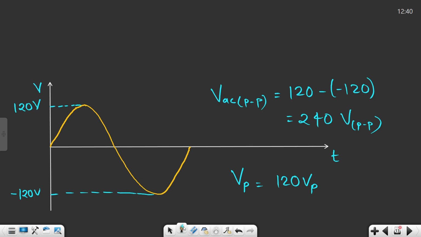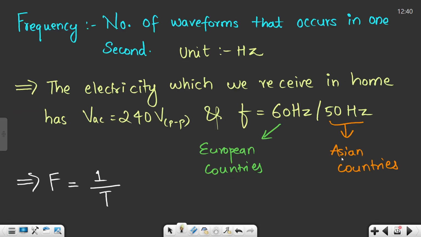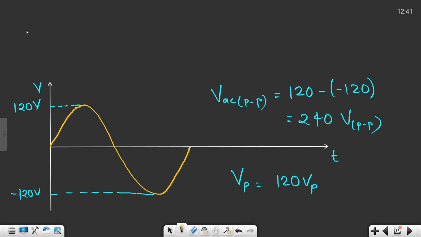Now let's come to the frequency. I mentioned that the electricity which comes into our home has a frequency depending upon the country. Some countries have 60 hertz, some have 50 hertz. Let's say I'm taking 60 hertz.